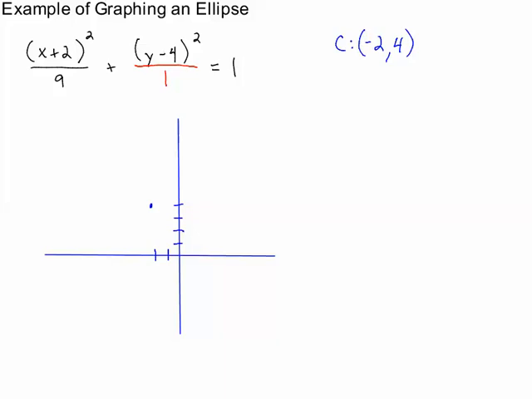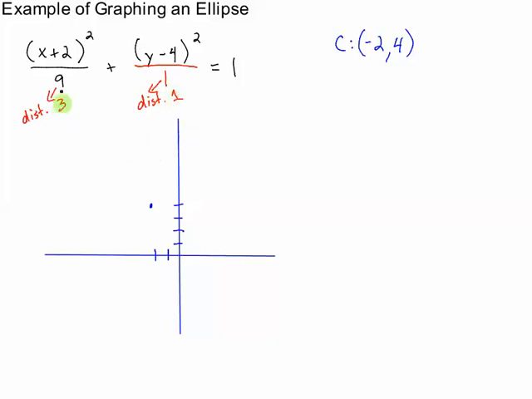So the first thing is, with x, I've got 9 on the bottom. Everything in this equation is squared. These numbers give me my distances to measure. 9 is going to tell me how far to measure in the x direction, 1 is going to tell me how far to measure in the y direction. These numbers are squared though, so my distance here is actually the square root of 9, or 3. My distance here is the square root of 1, or 1.